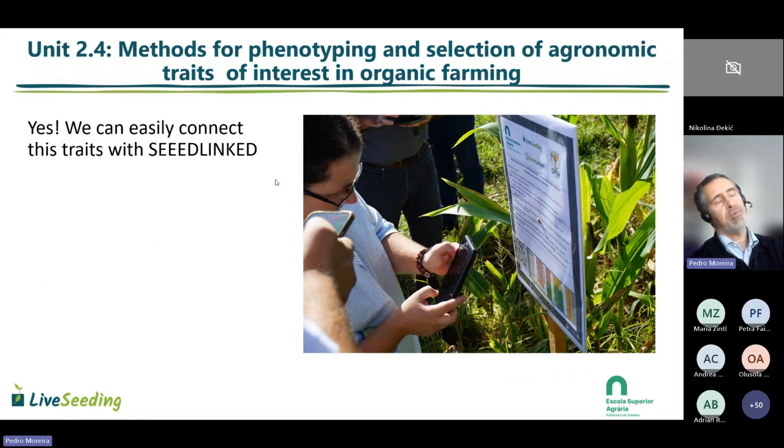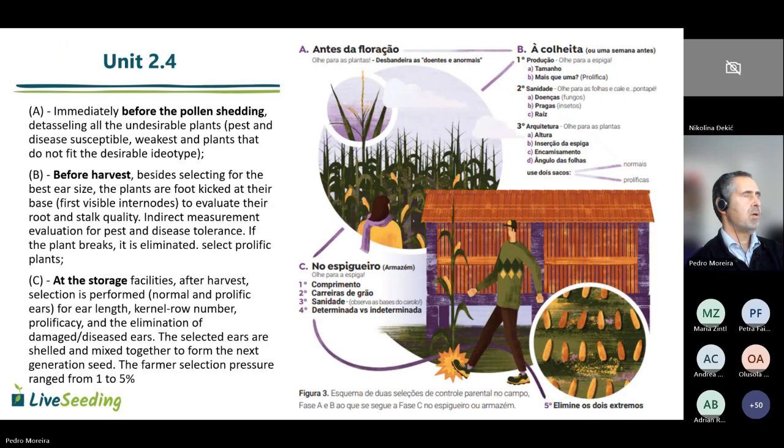Yeah, and if we ask if it's possible to connect this with, for instance, SecantLink, it's very easy to do it. Another selection procedure that we have, but generally when we are doing the selection in the farmers' fields, or even on station, we can do it in 3 steps.